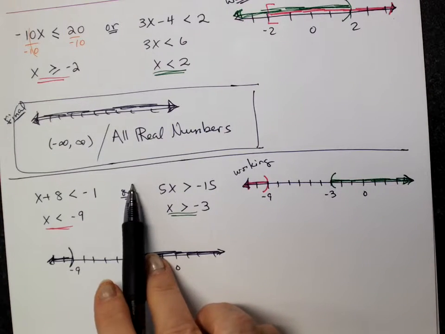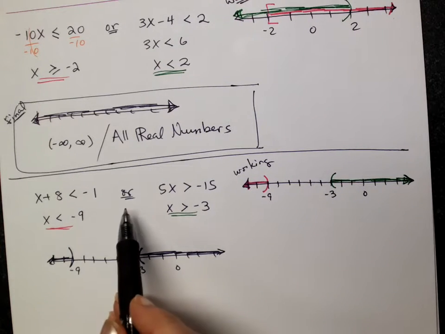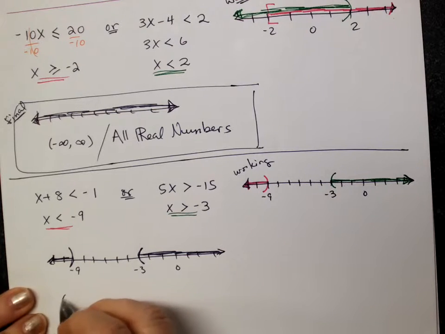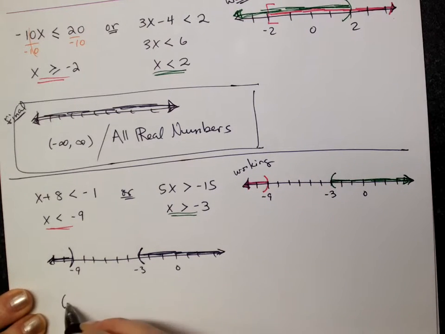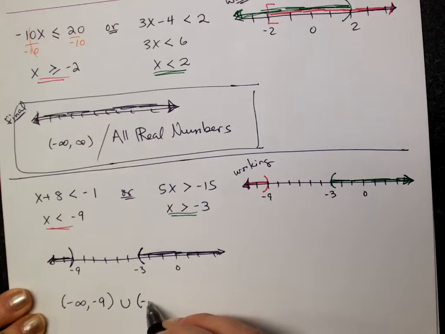If it were and, it'd be no solution. We got chocolate, we got vanilla, we don't have any swirl, but it doesn't matter. The mathematical word or means anything you see is part of the solution. So you start from left to right with the smallest value, come up to where you have a break, that -9 is not included, we jump to -3 not included, all the way to infinity.